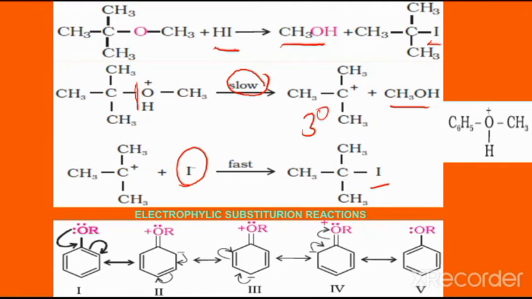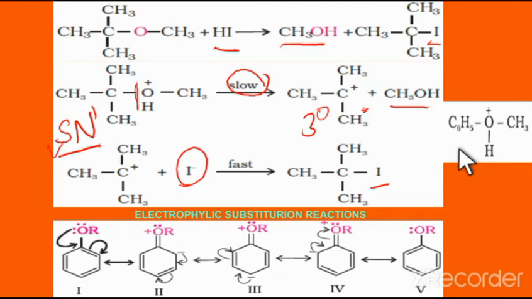This reaction is carried out according to the SN1 mechanism, because here the tertiary butyl carbocation is highly stable. A carbocation intermediate is formed, so it follows the SN1 mechanism.